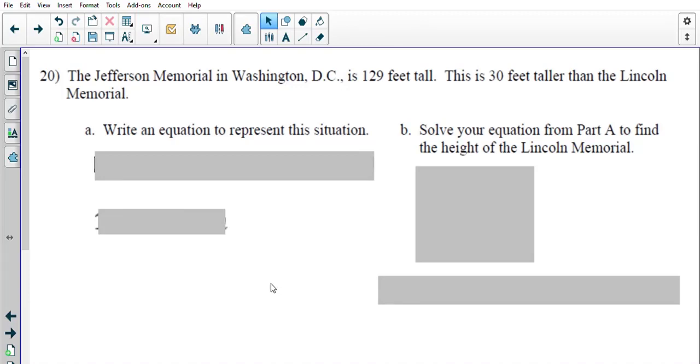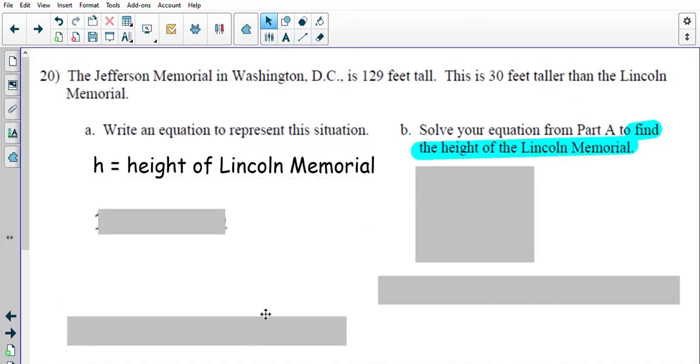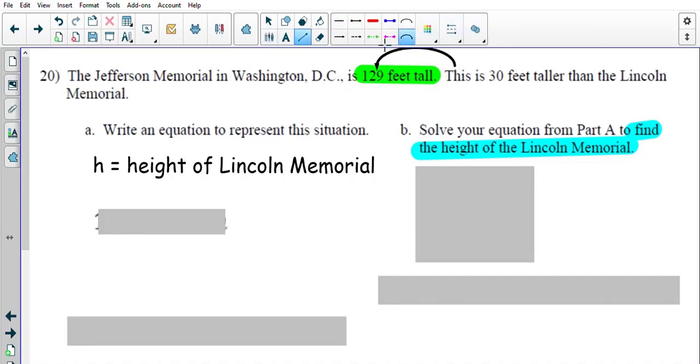So for this one, we want to start by defining our unknown. In this case, it says, find the height of the Lincoln Memorial. I chose h to represent height, but you can choose any variable you want, so I wrote h equals height of Lincoln Memorial. In our first sentence, it tells us that the Jefferson Memorial is 129 feet tall. And we know that the 129 is, by the way, is going to represent our equal sign, 30 feet taller than.